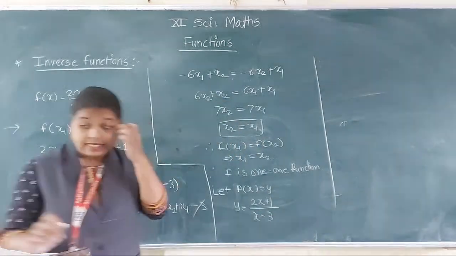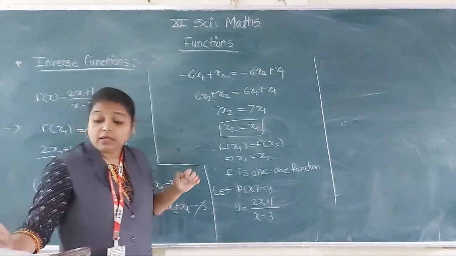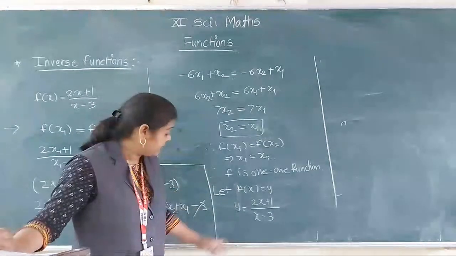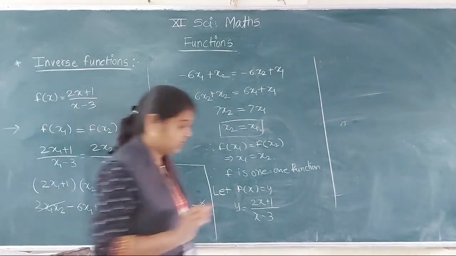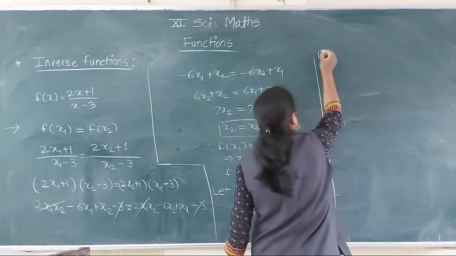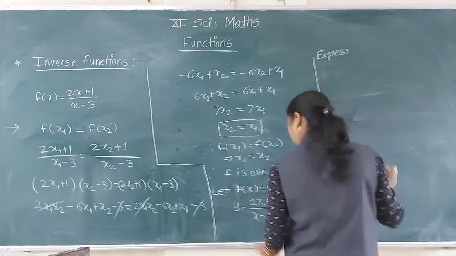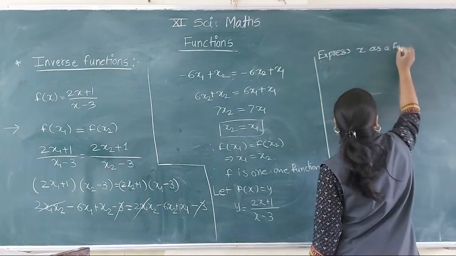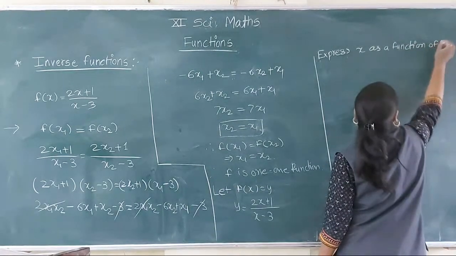If there exists a way to express x as a function of y, we have to express that. So how do we do it? Express x as a function of y.